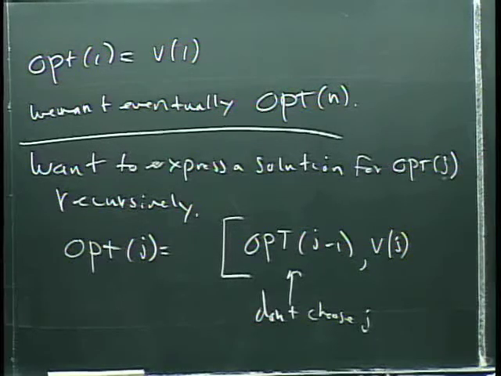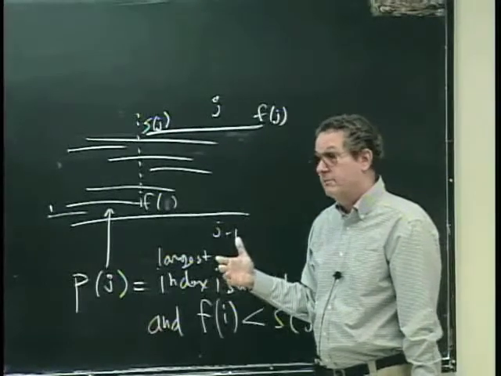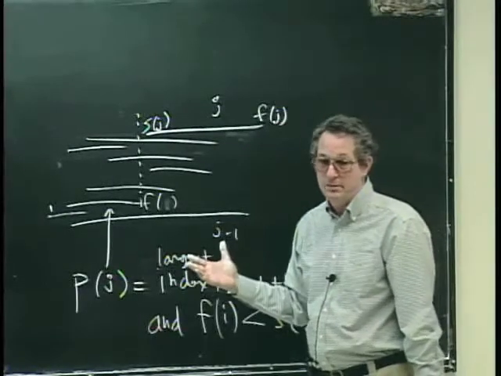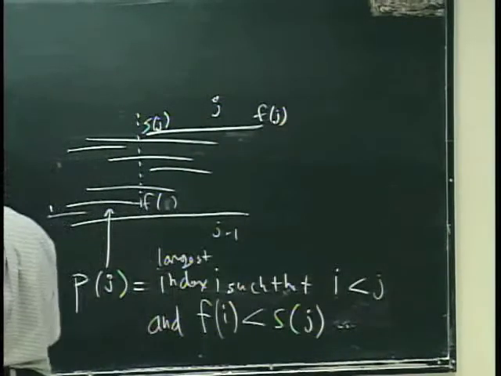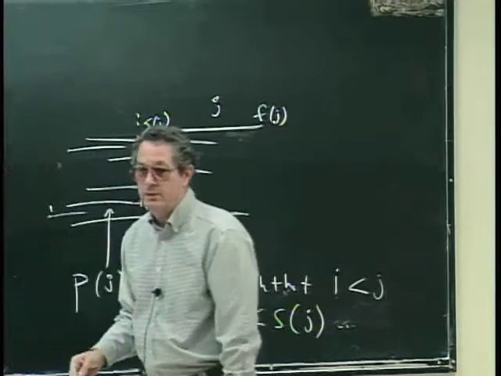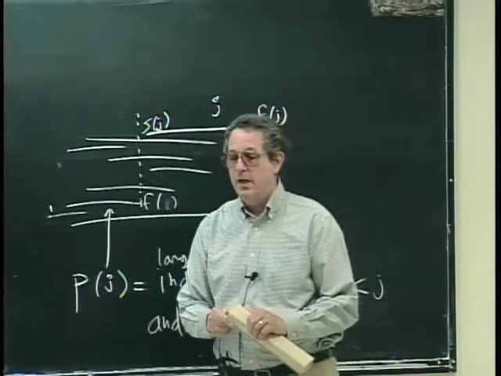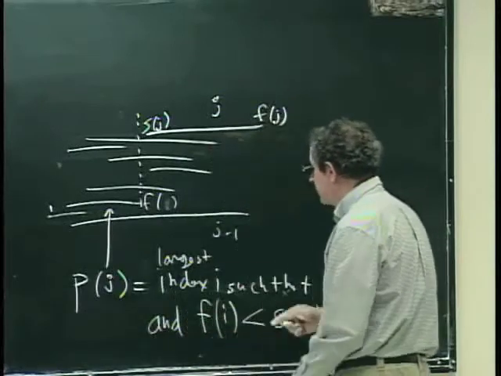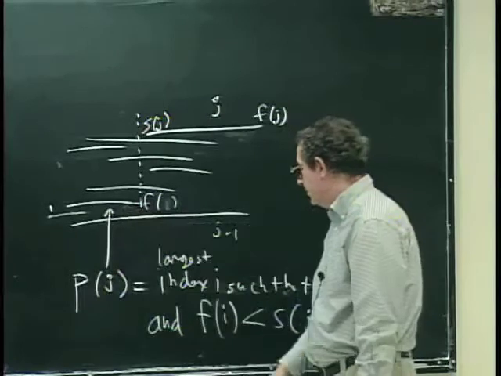And you want to get the best possible sum of values among what's allowed. Can anybody tell me how you express that? What's the notation for that? Yeah? Plus opt i. Opt i, yes, in terms of when I called this an i, but what's i more generally?